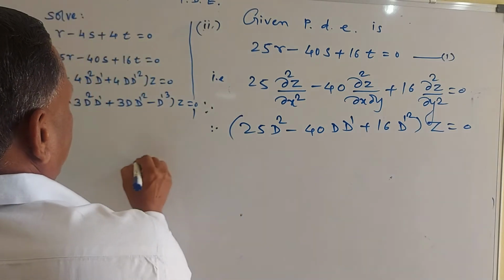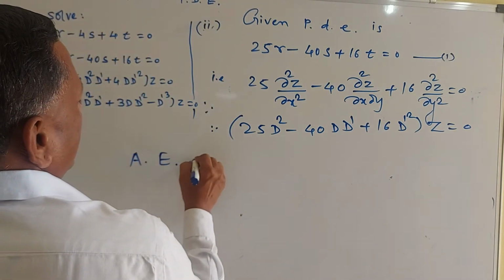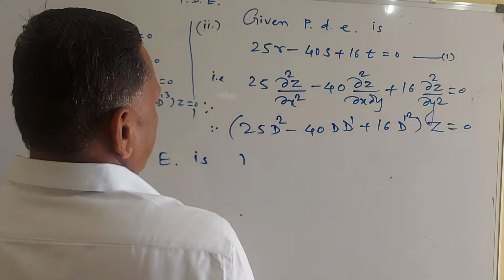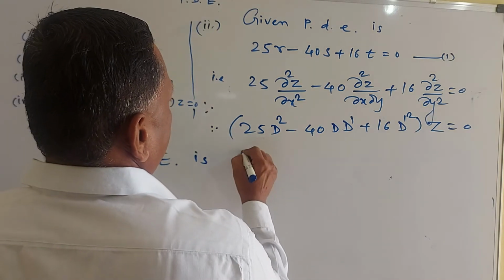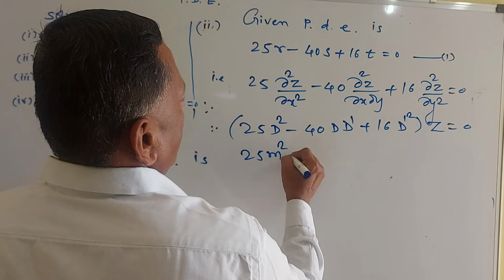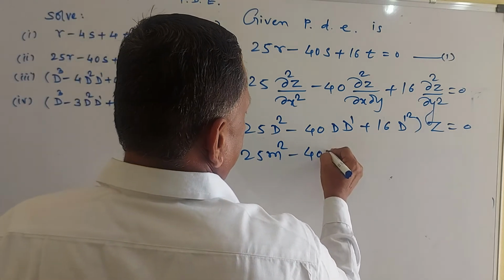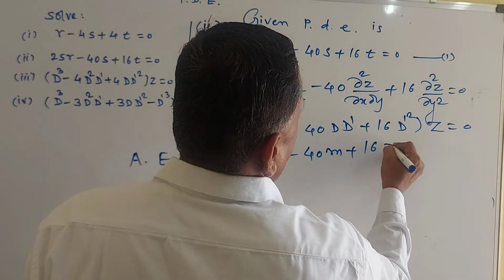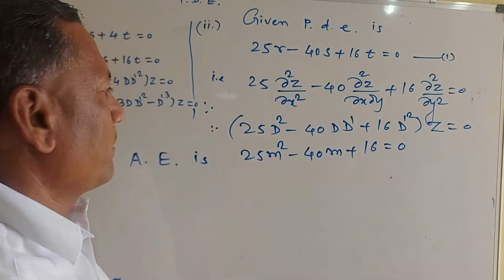Therefore the auxiliary equation is 25m square minus 40m plus 16 is equal to 0.